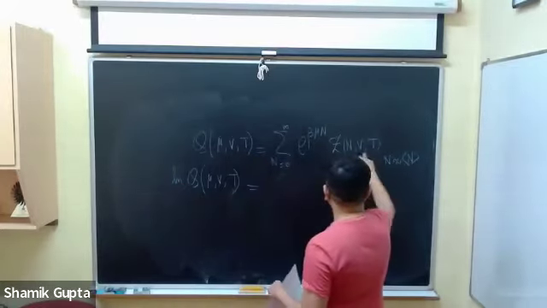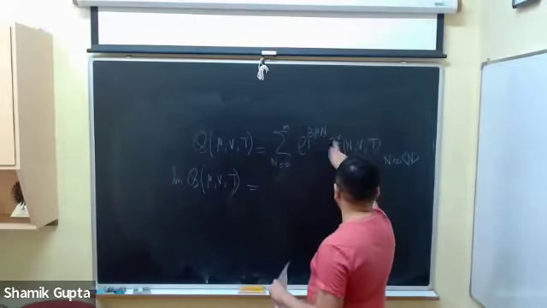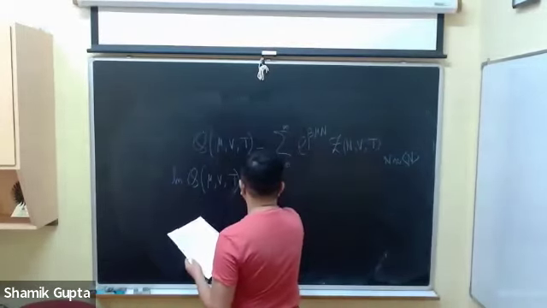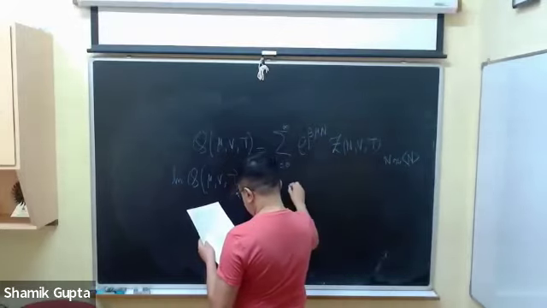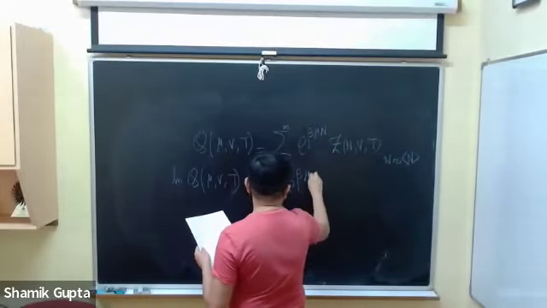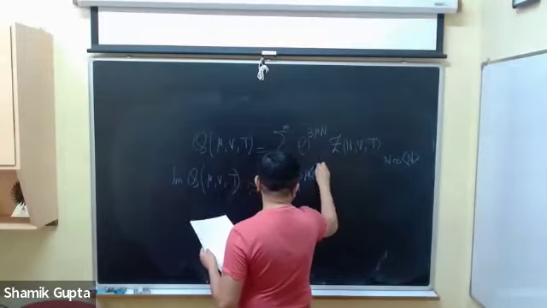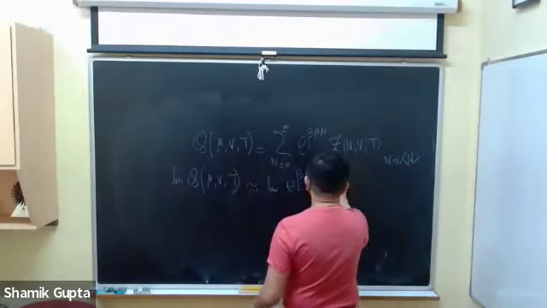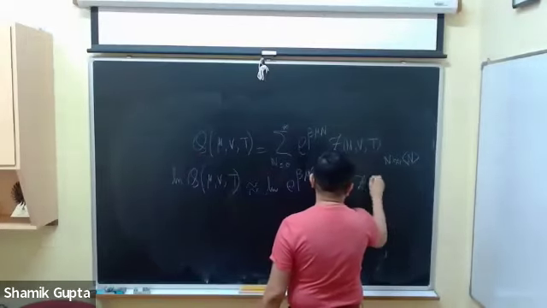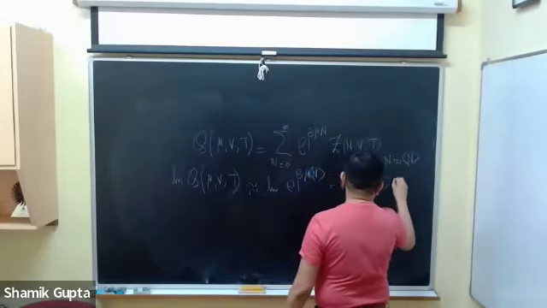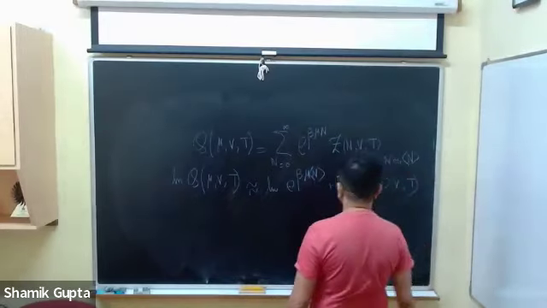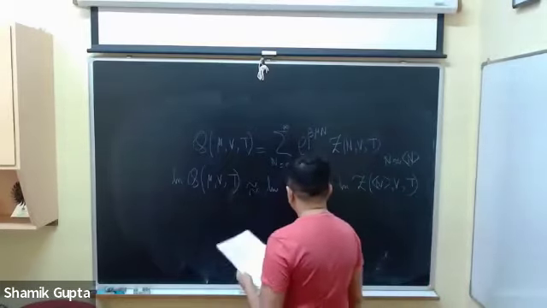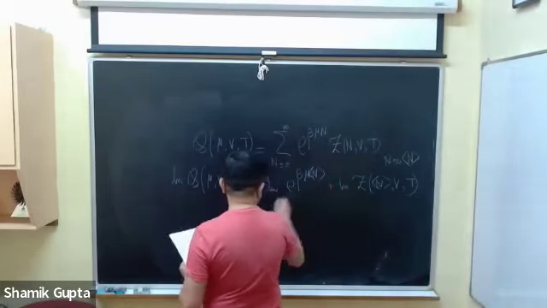So in evaluating the sum here, I just replace N by the average number. If I do that, then I get this to be approximately equal to log of e to the beta mu N average plus log of Z of N average, V, T. What is this?